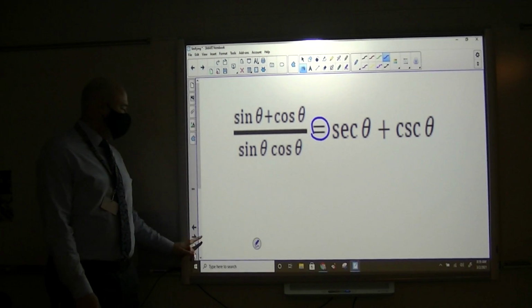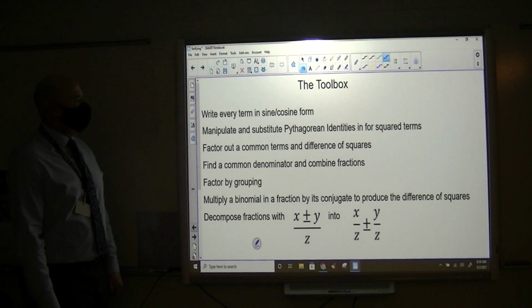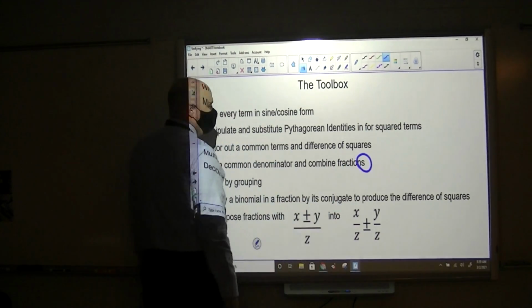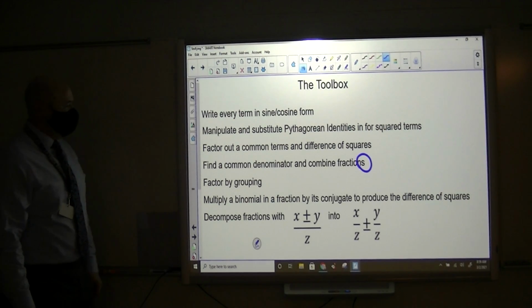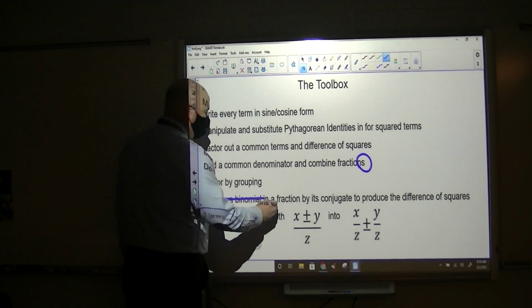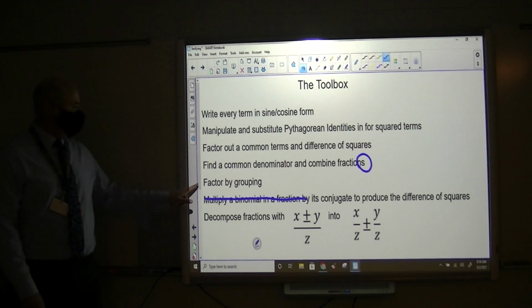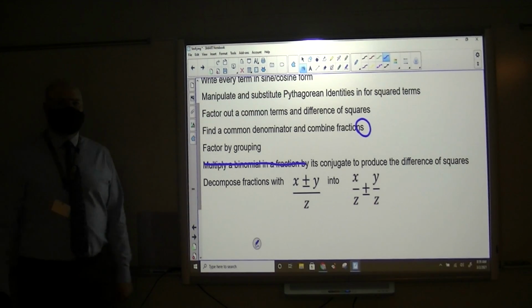If you have a fraction, what can you do? Well, this talks about fractions, which we don't have, we have a fraction. We could do this, although we're never actually going to do that because of the current situation that we're in. Don't have time to do many more of these. What about decomposing?